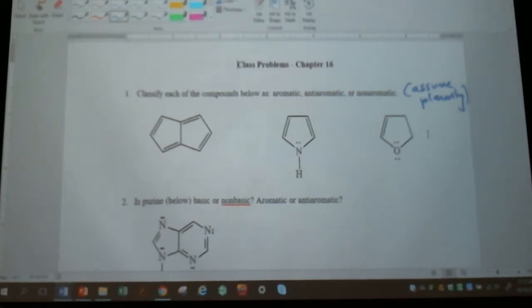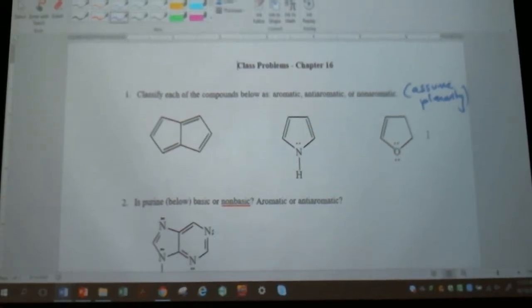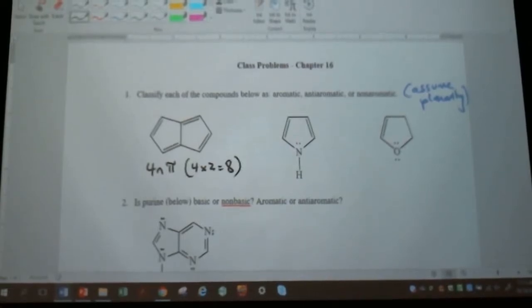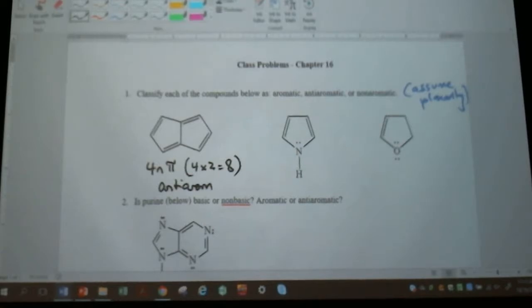That's why I say assume planarity. And then, if I have 4n pi electrons, in this case, n would be 2, 8, then this is anti-aromatic. But only if all of those things are true.